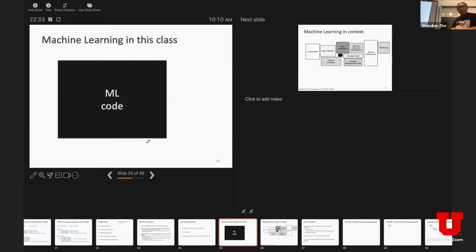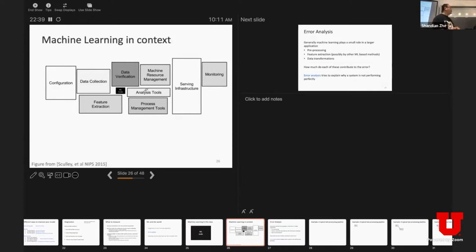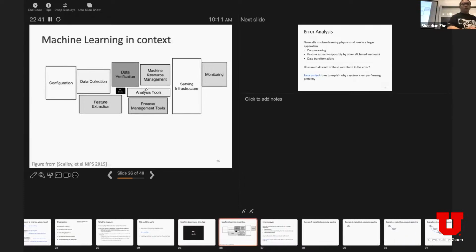So in our class, you see your whole world is this ML code. But in practice, this ML code stays inside a giant system which consists of a lot of components, and the machine learning component is just one component.